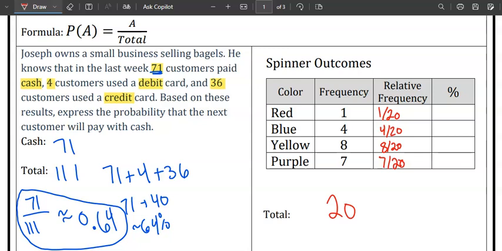We can also convert those to decimals. Our relative frequencies are 5%, 20%, 40%, and 35%.